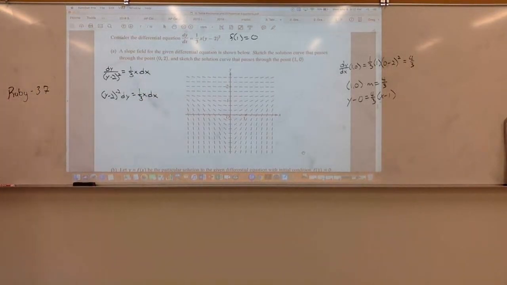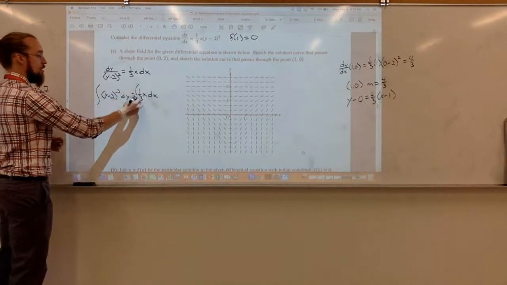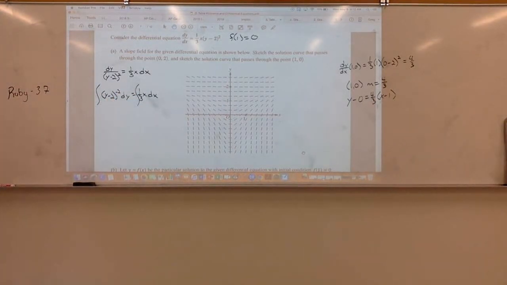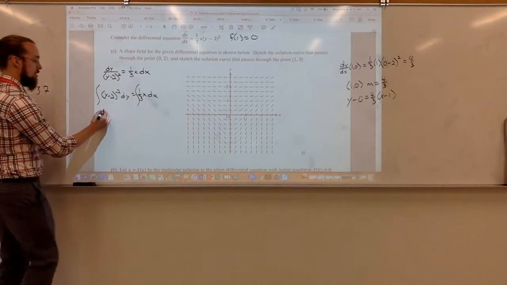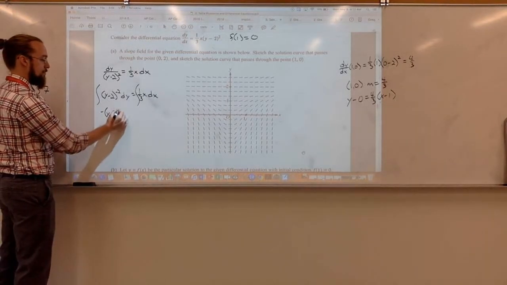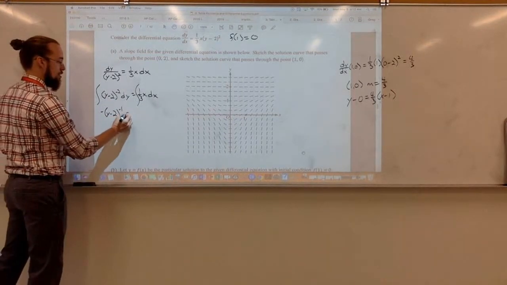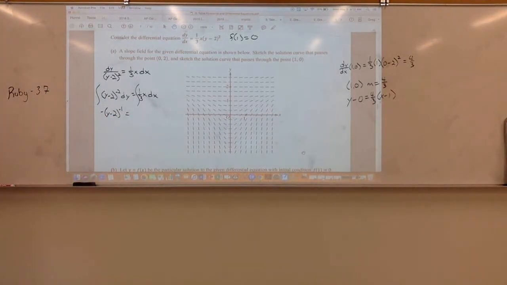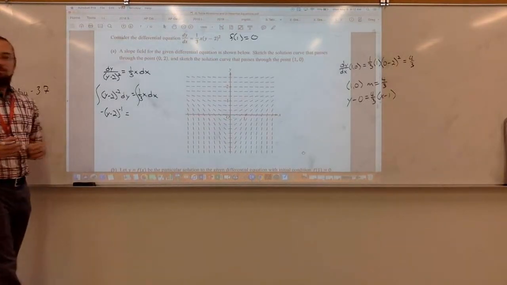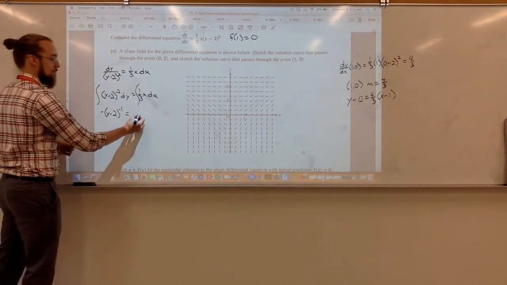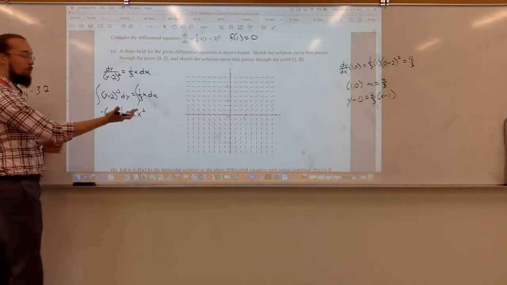Then I can take the antiderivative of both sides. How would I take the antiderivative of (y minus 2) to the negative second power? Alright, are we comfortable doing something like that? How about 1/3 x? So we know we're going to add 1 to the exponent, right?